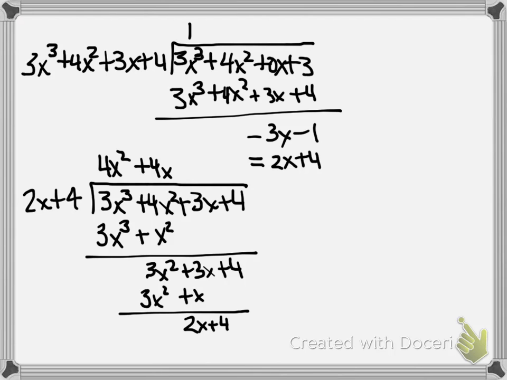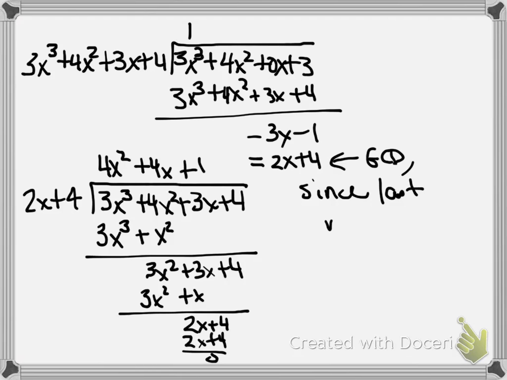Hey, I know, we just need a 1 at this point, and now we've got a remainder of 0, and so we've got our GCD, a GCD as 2x plus 4, since it was the last non-zero remainder we encountered.